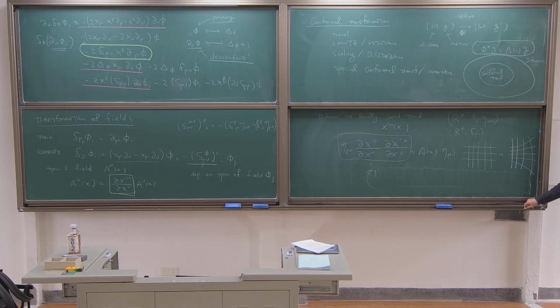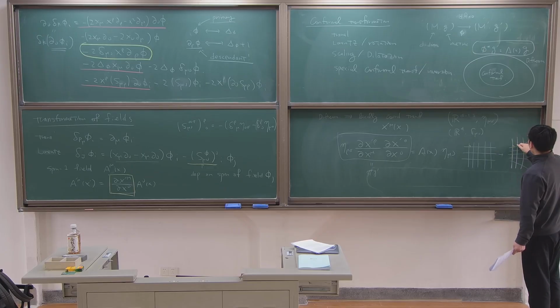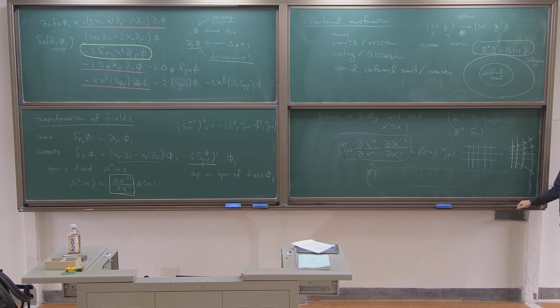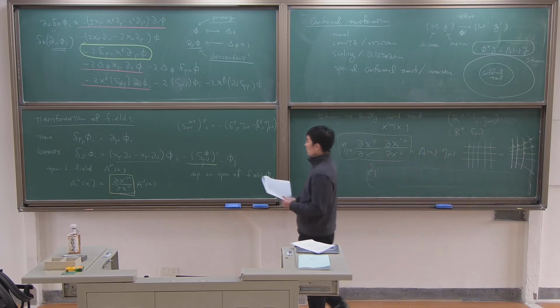So a conformal transformation should always preserve the angle, always orthogonal. But the length can change. Locally it should preserve the angle, but locally it can change the length.